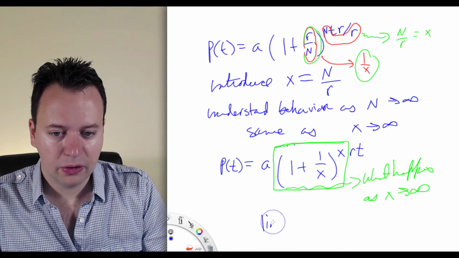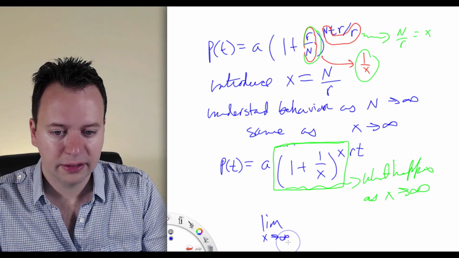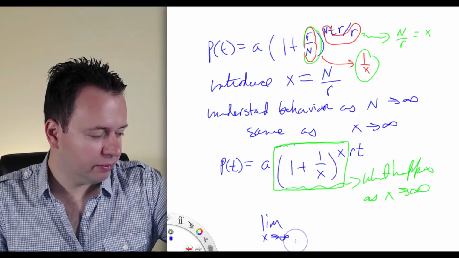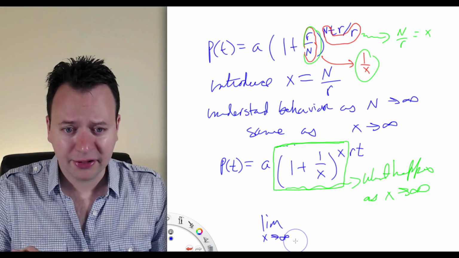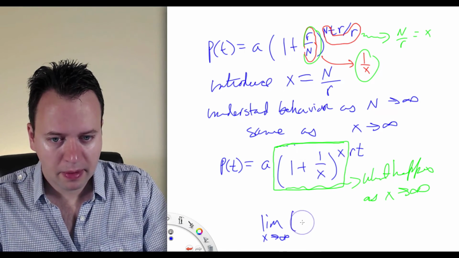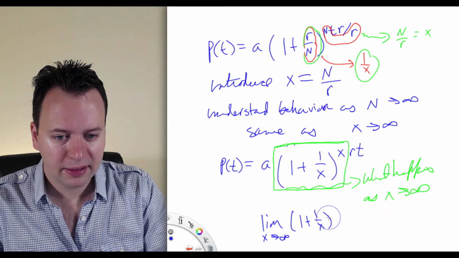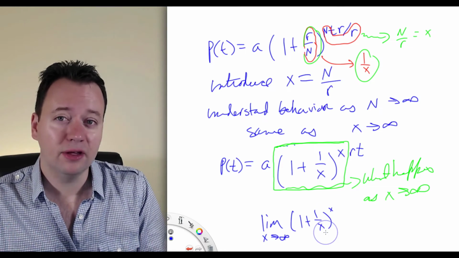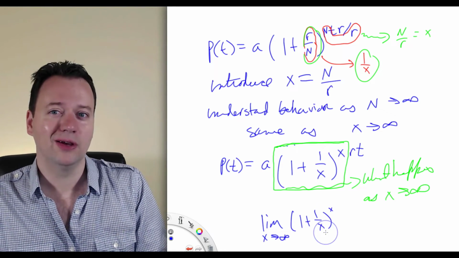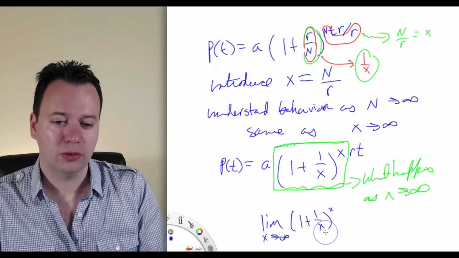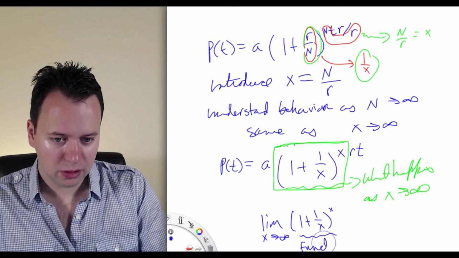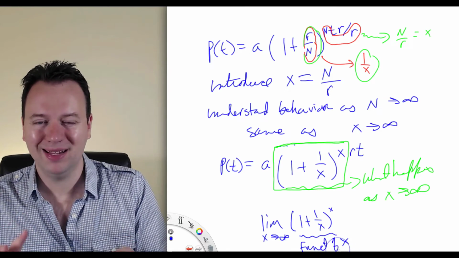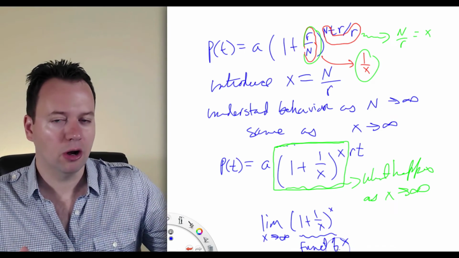And using the notation of limits, what we're really asking is, what is the limit as x goes to infinity of 1 plus 1 over x to the power x? Again, we haven't introduced limits yet, but essentially it just means what's happening to this function. So here we have a function of x. What's happening to that function of x as x gets larger and larger and larger?